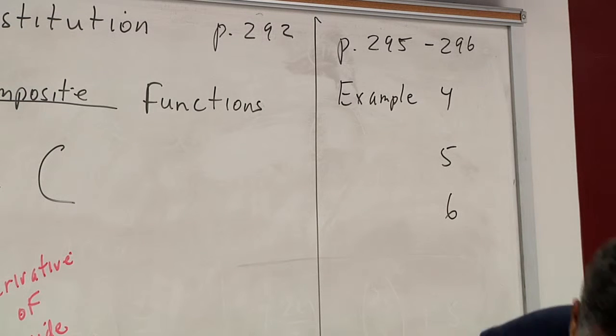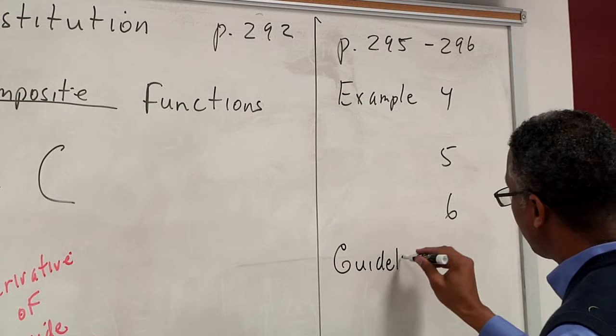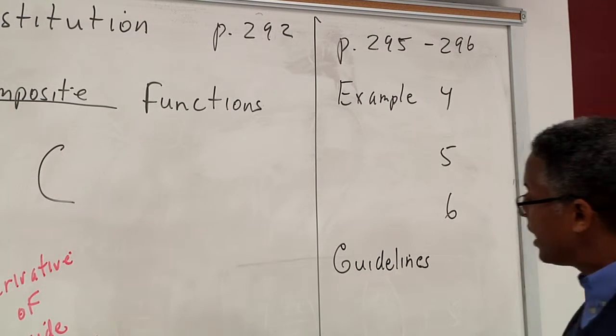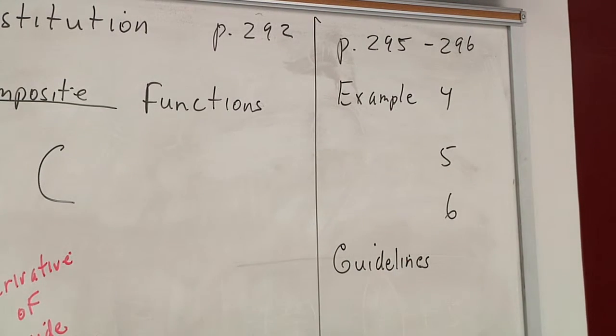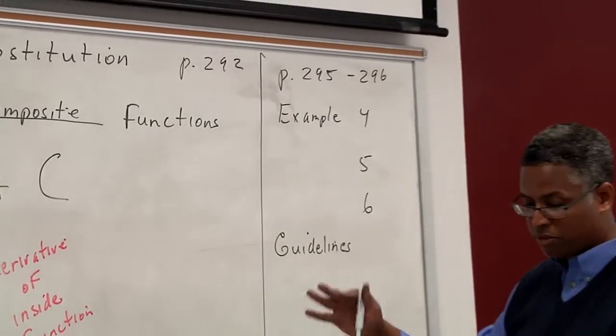And I want you to write down in your notes the guidelines, because in class on Monday, I want you to have all this in your notes, because we're going to be moving fairly quickly. So if you have all this written down already, it'll help us move a little bit faster, okay?